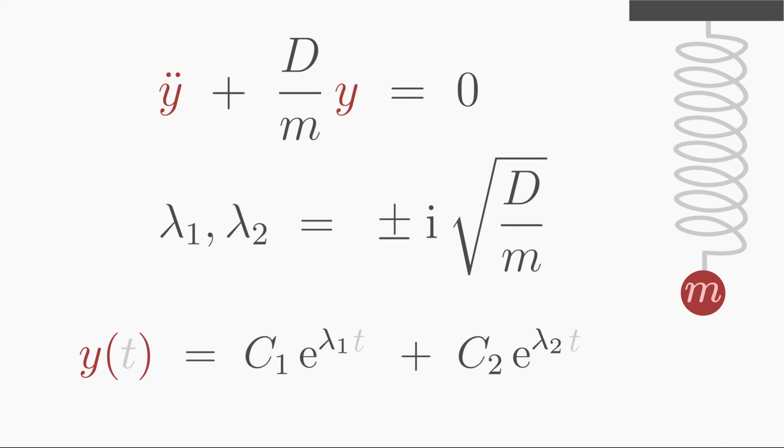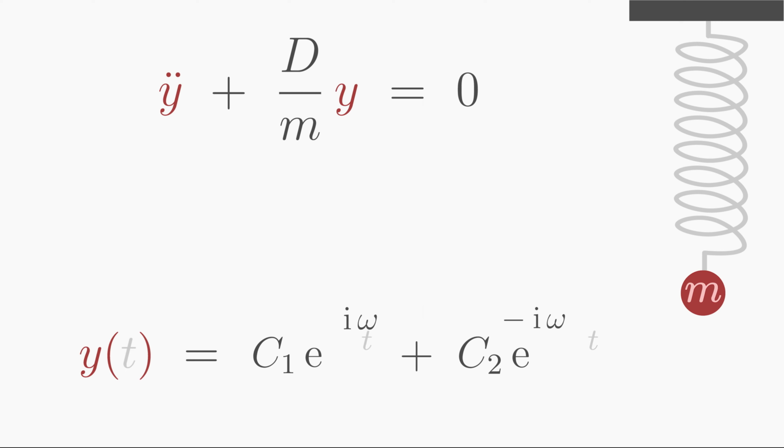That's all you need to know about imaginary numbers. Let us denote the square root of d over m shortly as omega. If we insert the lambda values we have just found into the exponential ansatz, we get the general solution for the considered differential equation. This solution seems very abstract, but I will show you that this solution corresponds to an oscillation.